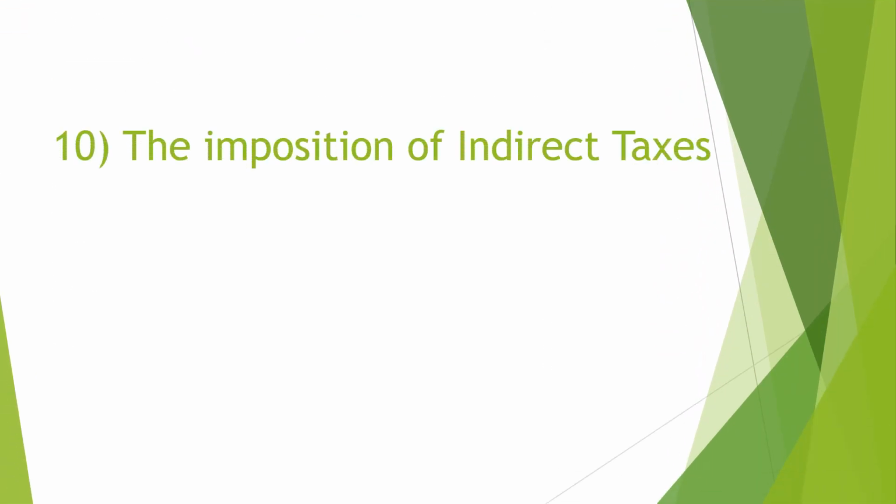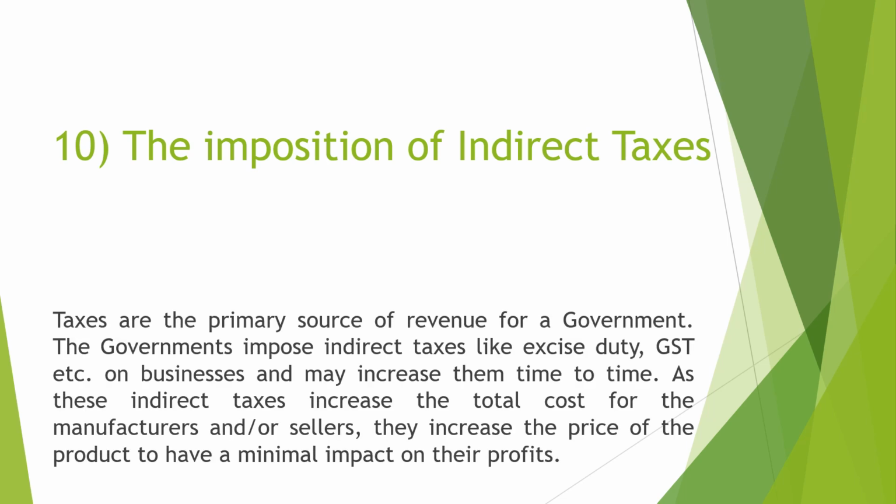Next is the imposition of indirect taxes. Yes. As we have studied, sometimes the government decreases taxes, but otherwise, generally you can see that the major part of government's revenue comes from indirect taxes. That is the most important source of revenue for any government.